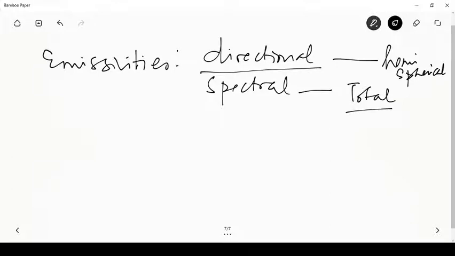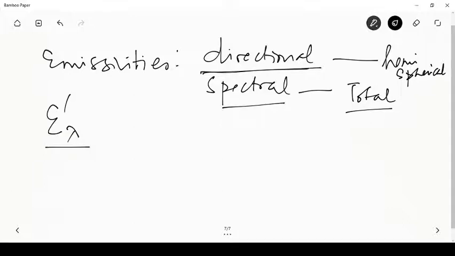So you can have directional spectral emissivity, which is defined as epsilon prime lambda. This is the energy emitted in a particular direction in a particular wavelength by an object divided by the energy emitted by a black body in the same direction and in the same wavelength. So that is the definition of epsilon prime lambda.